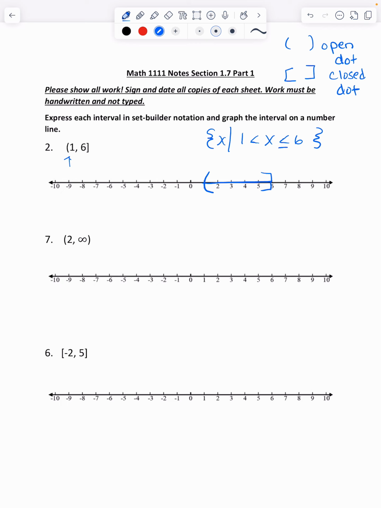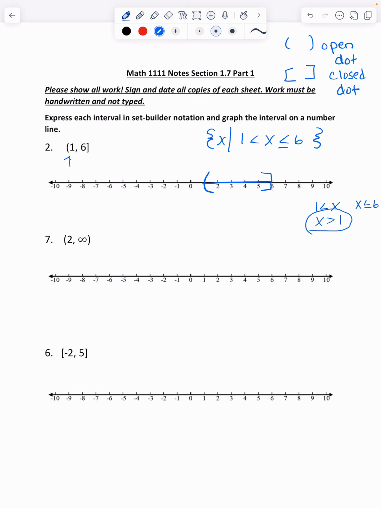Now, remember that inequalities can be read left to right or right to left. If 1 is less than X, that means X is greater than 1. The second part is X is less than or equal to 6. So my solution set is all the numbers greater than 1, but not including 1, all the way up to all the numbers less than 6.